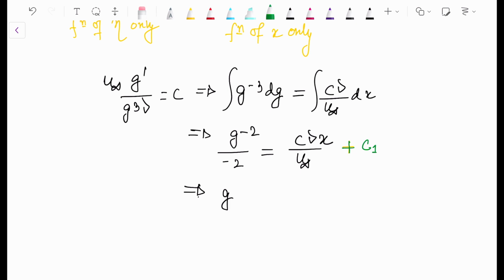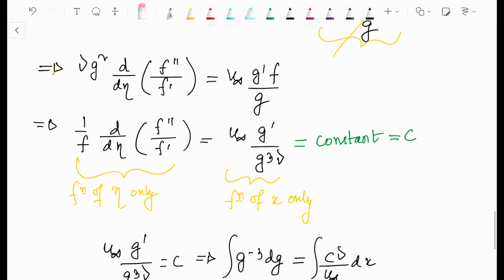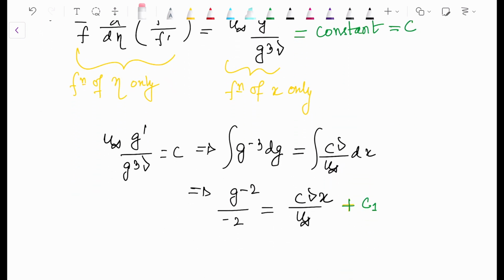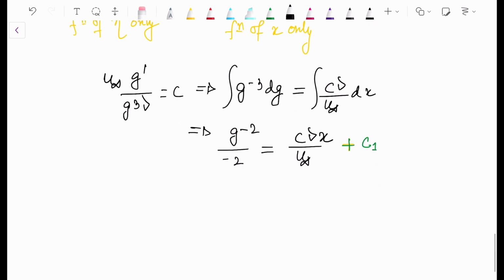Okay, see one thing. Now I have to find this constant, right. So I need a boundary condition.